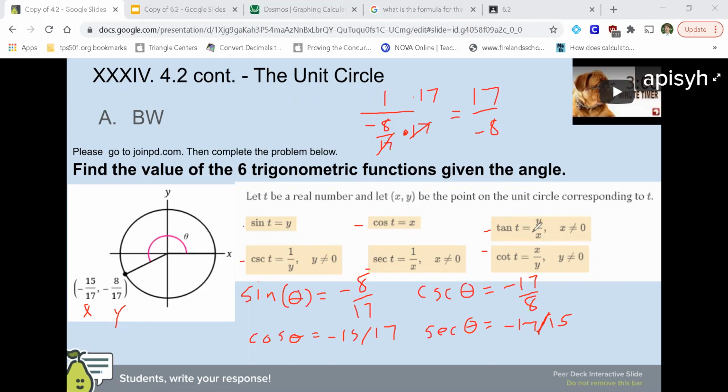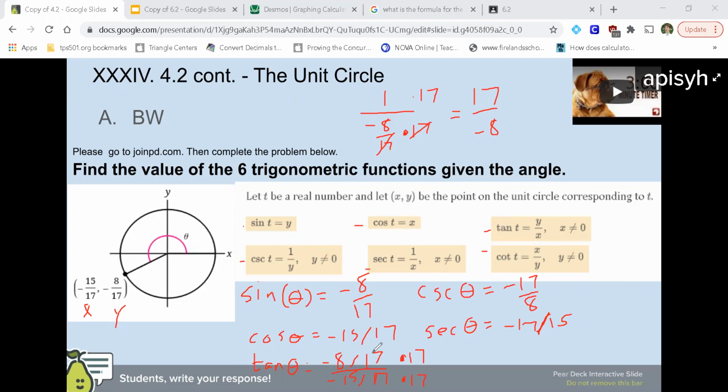The tangent does require you to do at least one more step. If you have y/x, so I'm going to do -8/17 divided by -15/17. I don't like having these fractions within fractions in my answer. So to fix that, I multiply by the denominator of one of the fractions. So I'm going to multiply by 17.